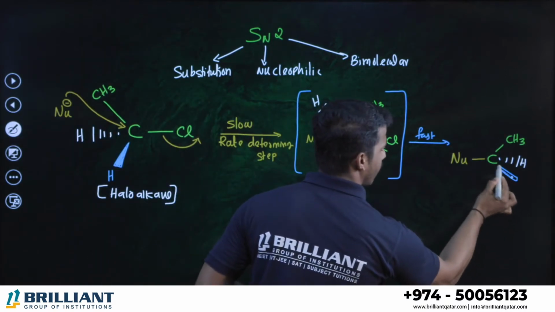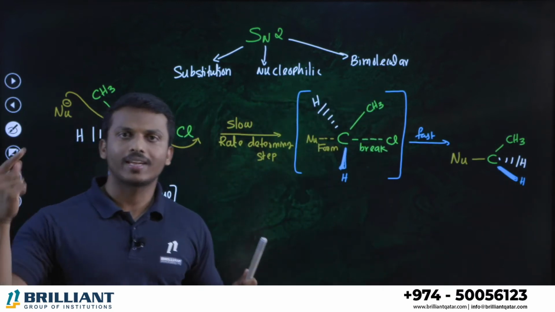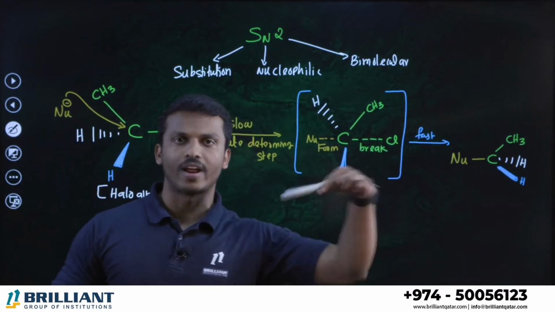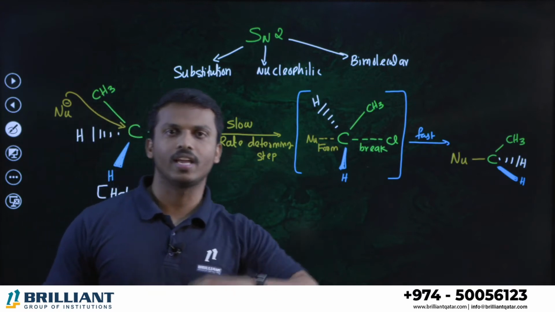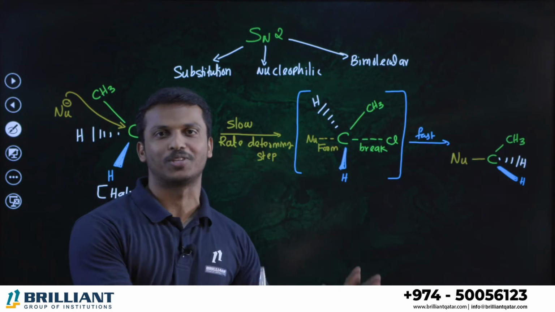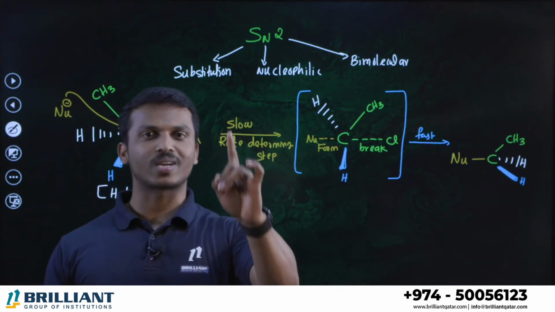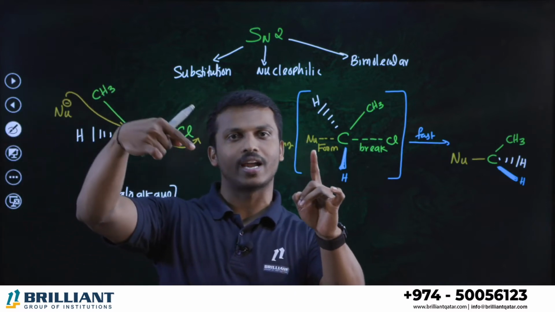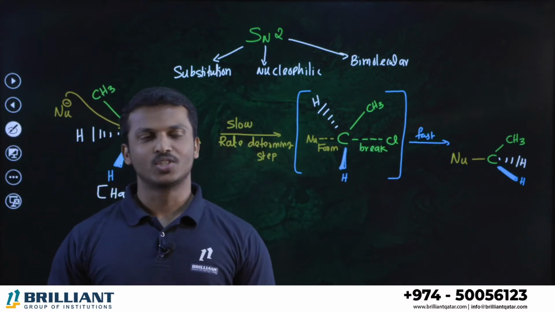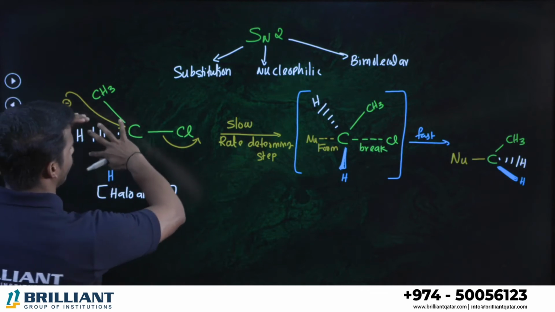In the SN1 mechanism, we studied that the nucleophile can attack from the front and from the back, so we get inversion of configuration and retention of configuration, a racemic mixture together. But here I told you the nucleophile always attacks the side opposite to the halogen. So when the nucleophile attacks here, all these groups end up on this side.